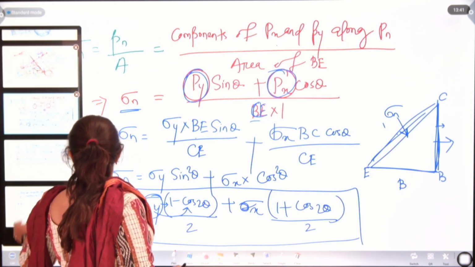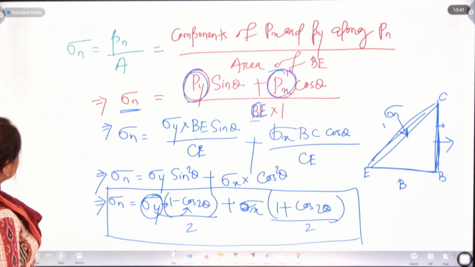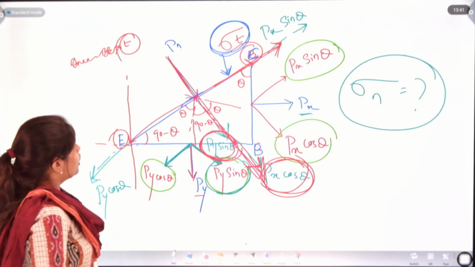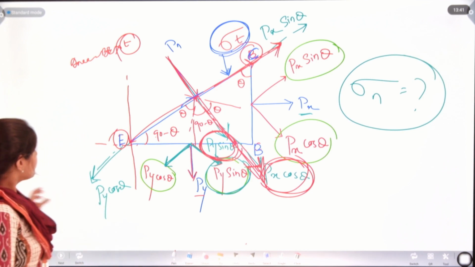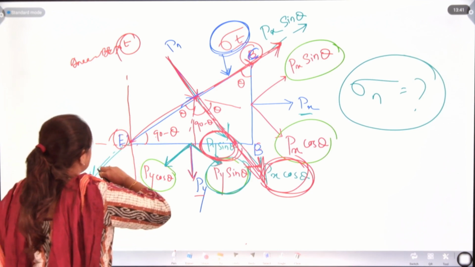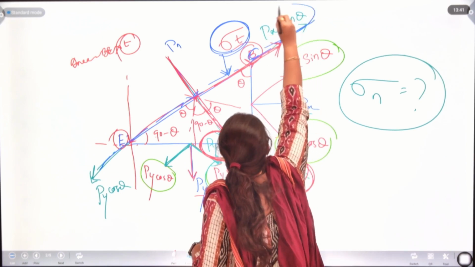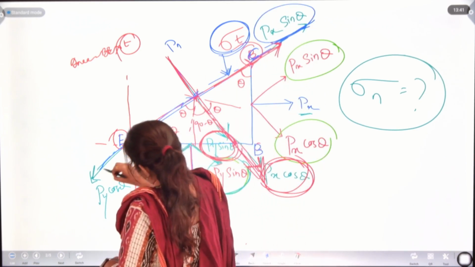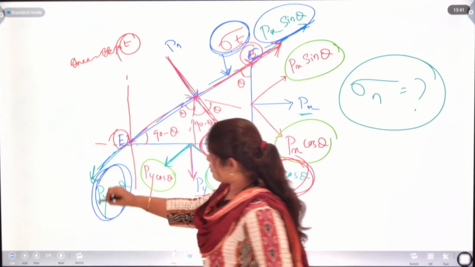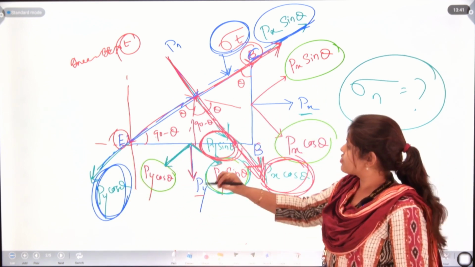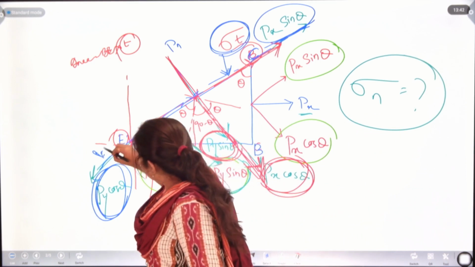So we will have tau is equal to, here you can see from this, okay. So tangential stress is acting like this. Here we have one Px sin theta and we have Py cos theta along direction Pt. Okay.